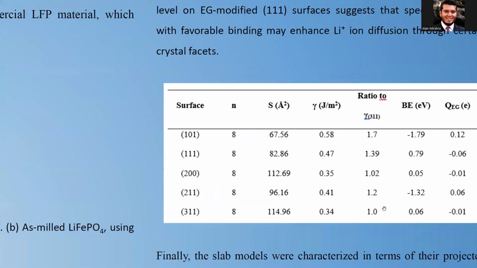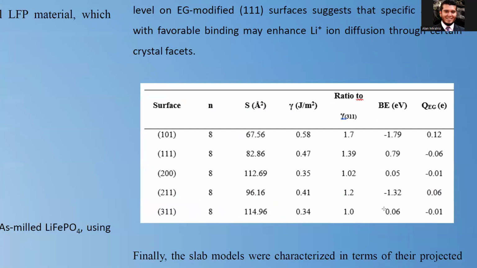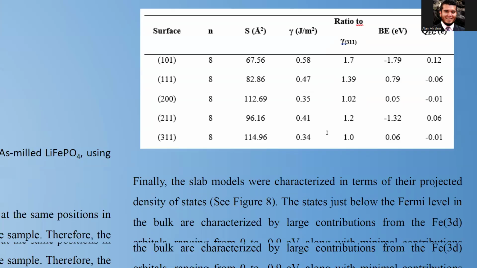Also, in this table, you can notice the different surface energies, which agree very well with the literature, but also we reported the binding energy and the charge, as the amount of electrons transferred from the ethylene glycol to the LFP surface.